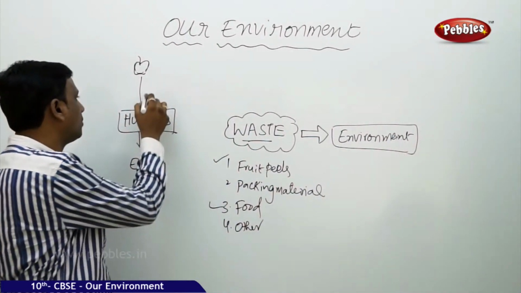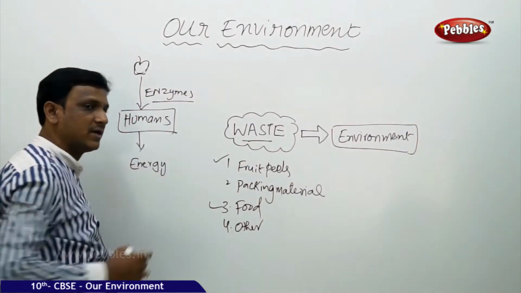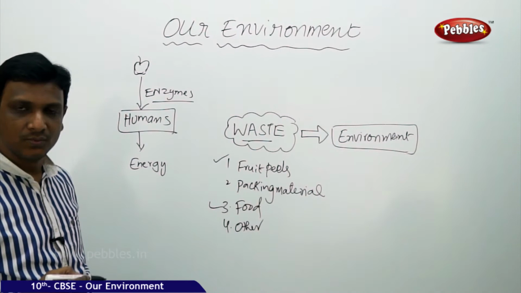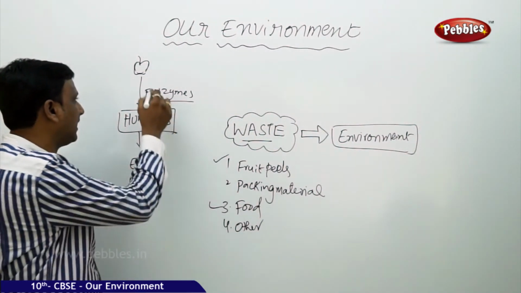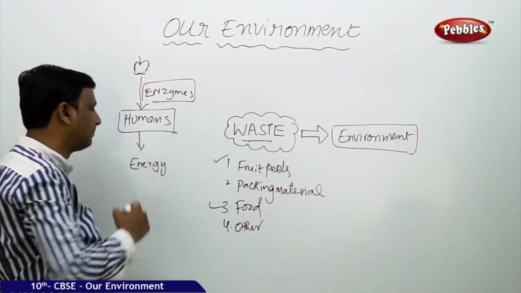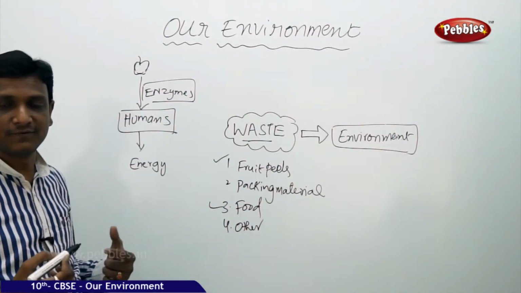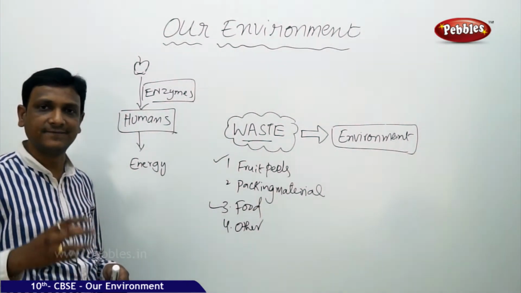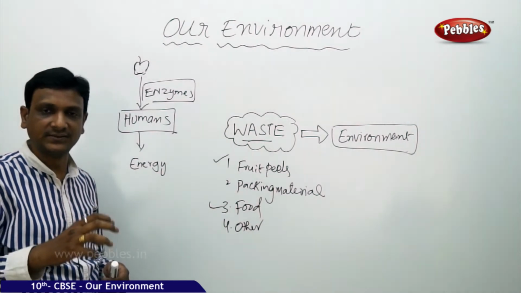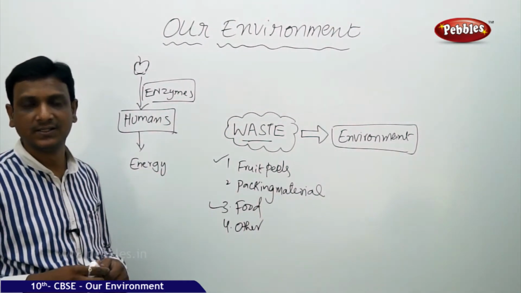For digestion, what do we have? Enzymes. And we have some biochemical cycles in our body. The biochemical cycles, with the help of these enzymes, break down the apple into energy. So if you take apple, banana, fruits, vegetables, rice, grains, pulses, all these things, definitely you get energy. All these things are converted to energy with the help of enzymes present in your body.